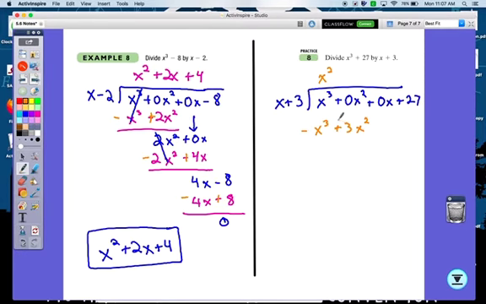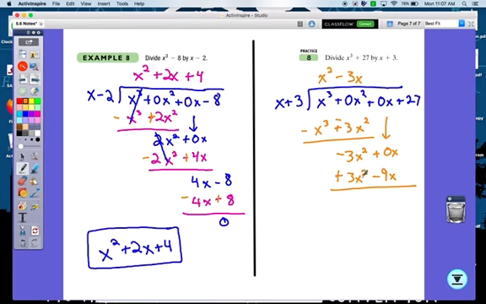I'll subtract, so minus minus. It becomes minus 3x squared plus 0x. Means I need to have a minus 3x up here in order for that to work out. Negative 3x times the x gives me minus 3x squared.